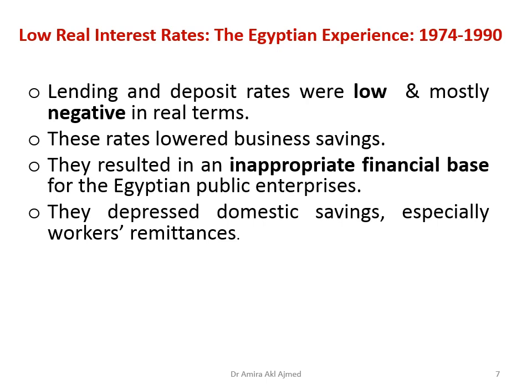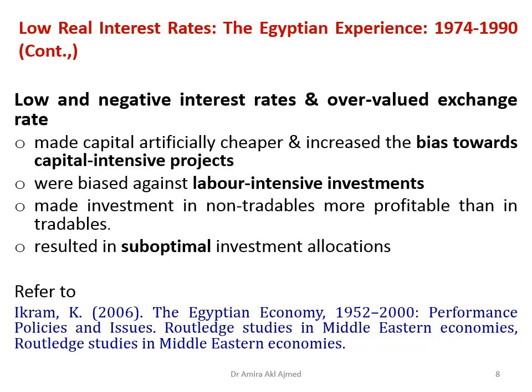Moreover, low deposit rates had depressed domestic savings, especially workers' remittances. Furthermore, low and negative interest rates were accompanied by overvalued exchange rates. Thus, they made capital artificially cheaper and increased the bias towards capital-intensive projects.